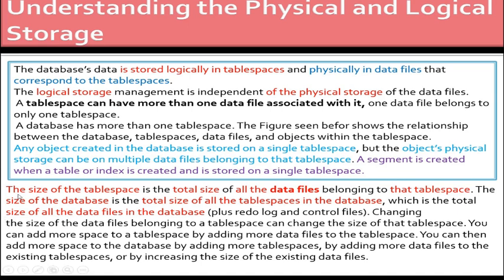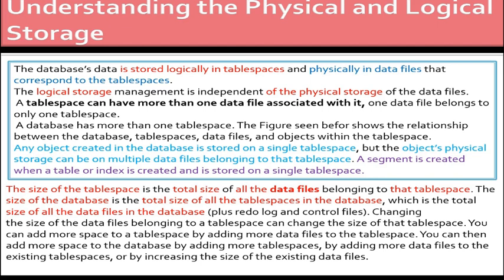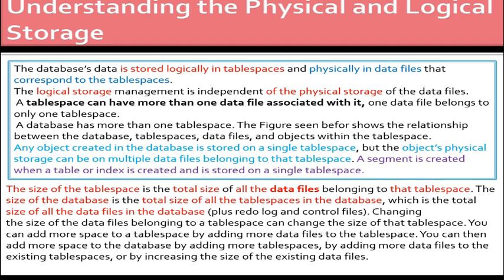The size of the table space is the total size of all the data files belonging to that table space. The size of the database is the total size of all the table spaces in the database, which is the total size of all data files in the database, plus redo log and control files.